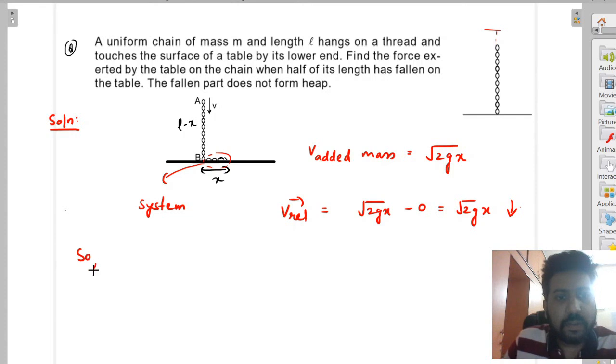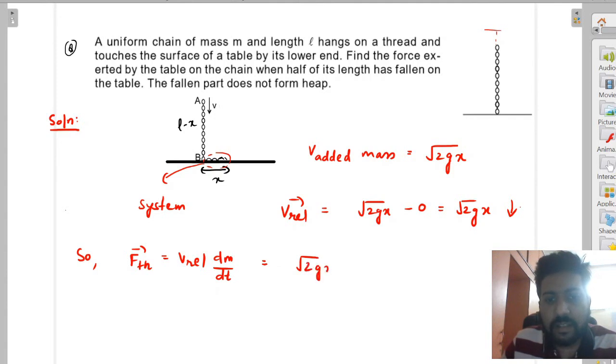So the thrust force is given by V relative times dm by dt. That will be equal to root 2gx times dm by dt.